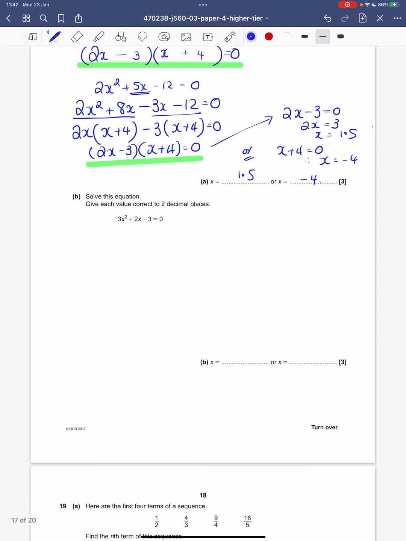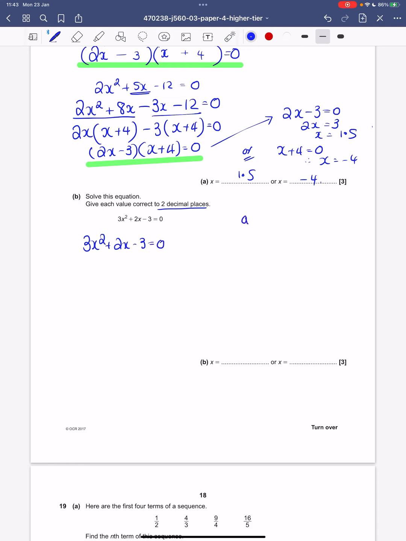Now this one here, it says 2dp, you're going to need to use the quadratic formula. It's got 3x squared plus 2x minus 3 equals 0.